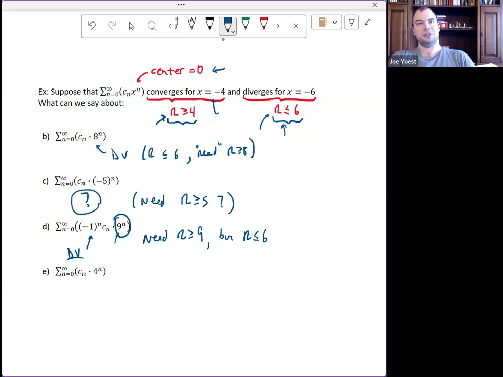If the radius of convergence was exactly 4, this would put negative 4 and positive 4 right at the endpoints. And we know that at the endpoints, we could be kind of plus or minus convergence, right? So knowing that we converge at negative 4 doesn't actually tell me whether we do or don't converge at positive 4. So I actually don't know.